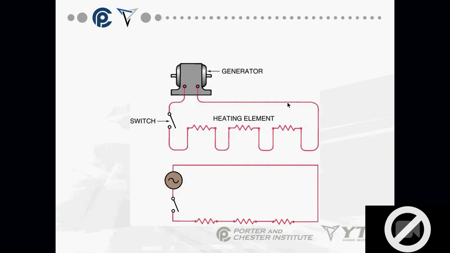The reason we can put heating elements in series is a lot of times I have to put electric heat into an apartment or a condo where I don't have the amperage available for heating elements in parallel. I can control my amperage much easier because the amperage through a series circuit is the same all the way.